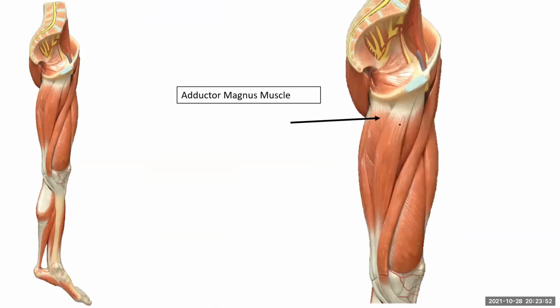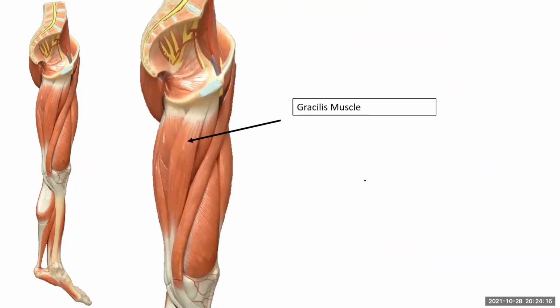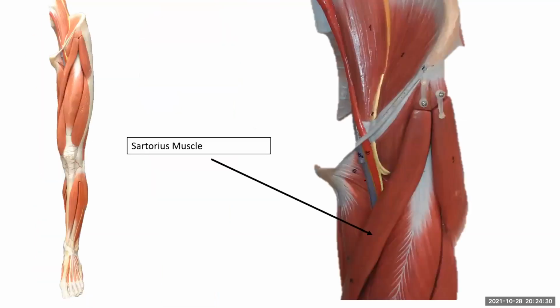Way in the back here, because this is anterior and this is posterior, in the posterior portion of the medial compartment, you can see adductor magnus. Now I skipped this muscle here. I'll show you that in a second. Okay, that's adductor magnus. And then there's gracilis. Gracilis sits in between your adductor magnus muscle and the adductor longus.